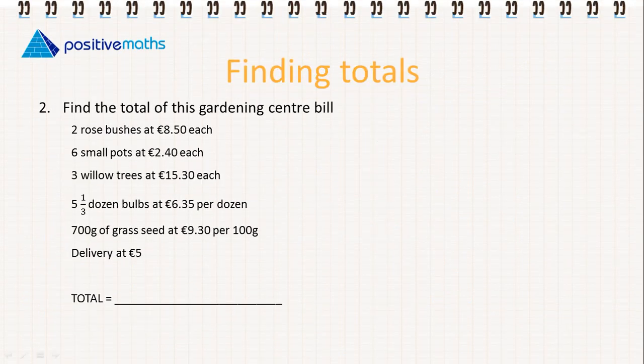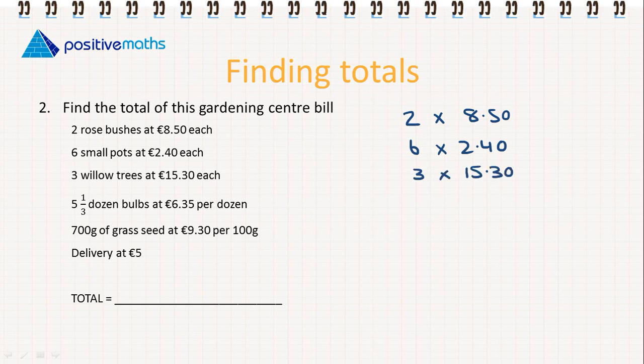The next example. We're looking for the total of this bill from a garden centre. We have 2 rose bushes at $8.50, same as before in the last bill. So 6 multiplied by 2.40. 3 willow trees at $15.30.